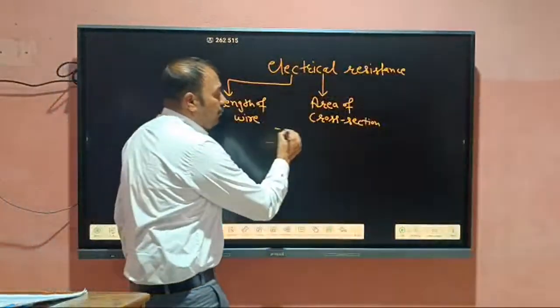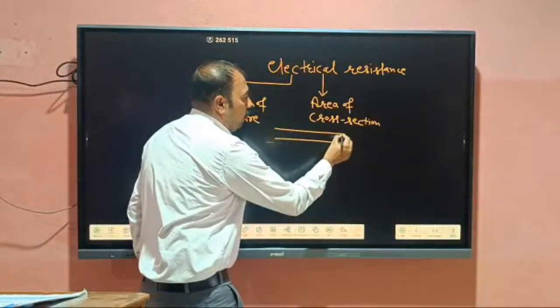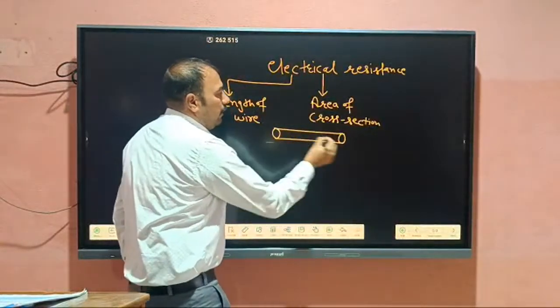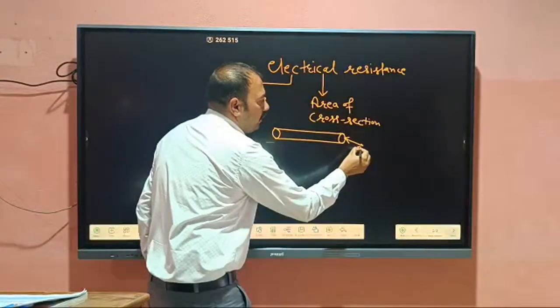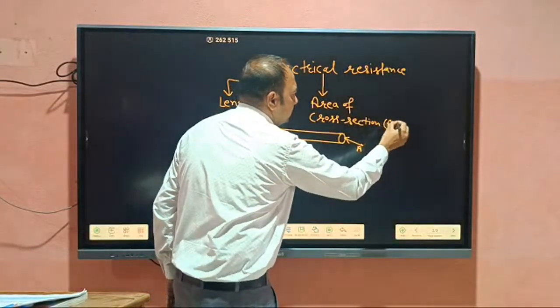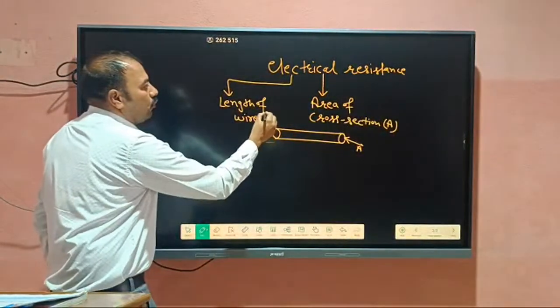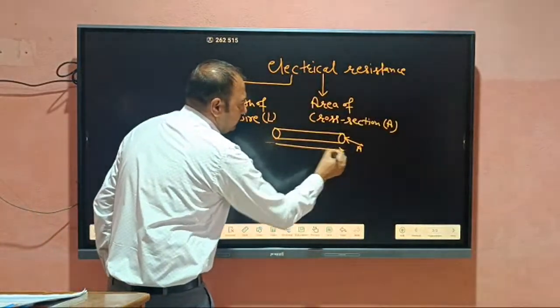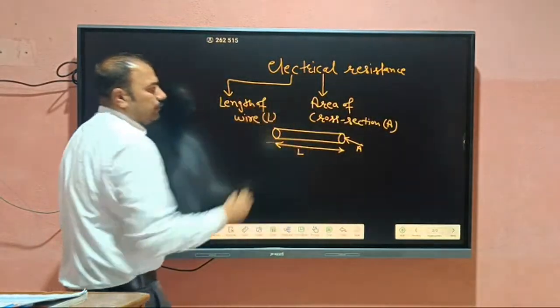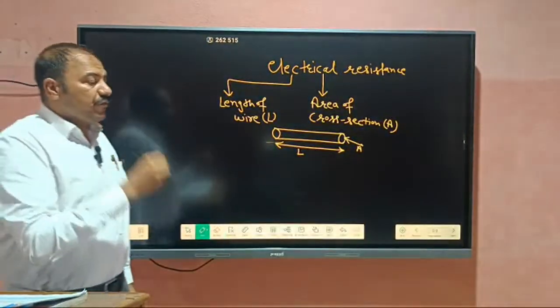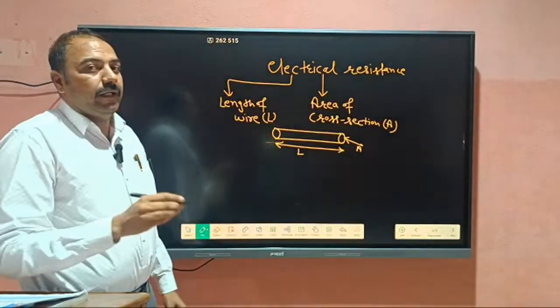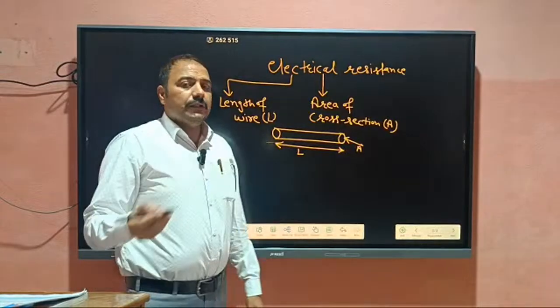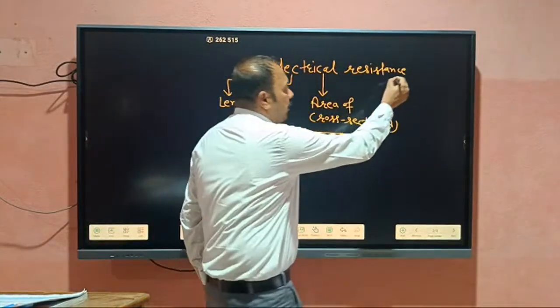For example, this is a wire and this is the area of cross section A and this is the length of conductor L. So basically on the basis of the shape only length and area depend, but resistance also depends upon the temperature.